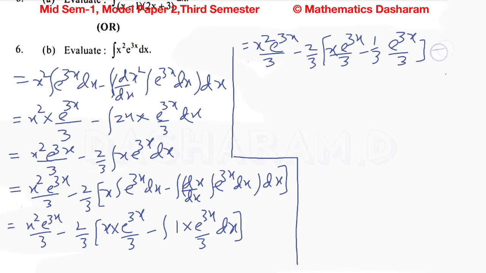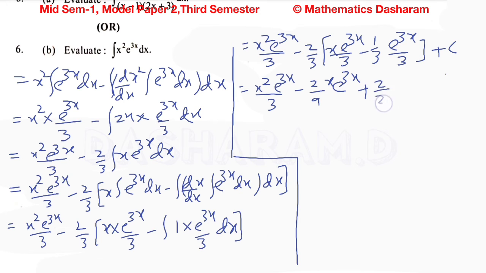So it equals x square into e power 3x divided by 3, here minus 2 by 3 multiplied inside, minus 2 by 3 into 3 is 9, e power 3x, minus into minus plus, here 3 into 3 is 9, 9 into 3 is 27.